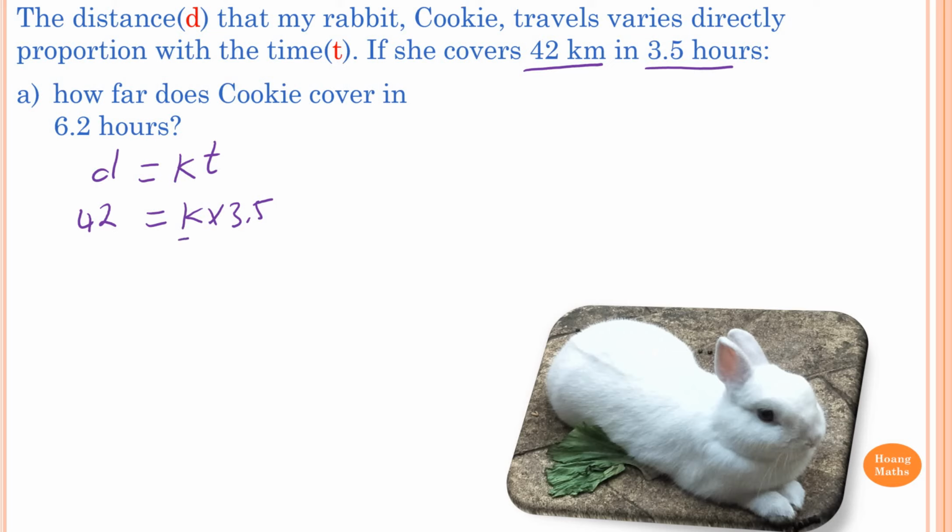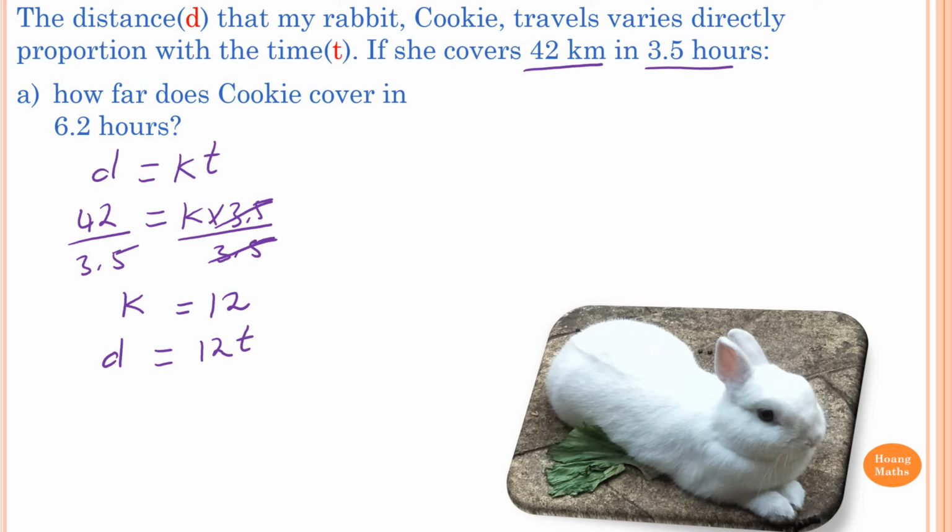Now to find K, we just divide this by 3.5. So this cancels out. So K is equal to 12. And therefore, D is equal to 12 times T, which is 12T.